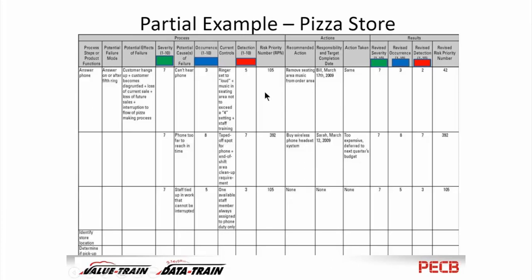But they did do something up front on this top one, and it looks like what they did was turn off the music in the ordering area, so the music that the patrons hear no longer goes into the ordering area. So it's quieter there, which makes it easier to answer the phone. So they did something there. All they had to do was turn a knob, and that fixed that. But they fixed one of the lowest priority things, so they didn't do a very good job here.